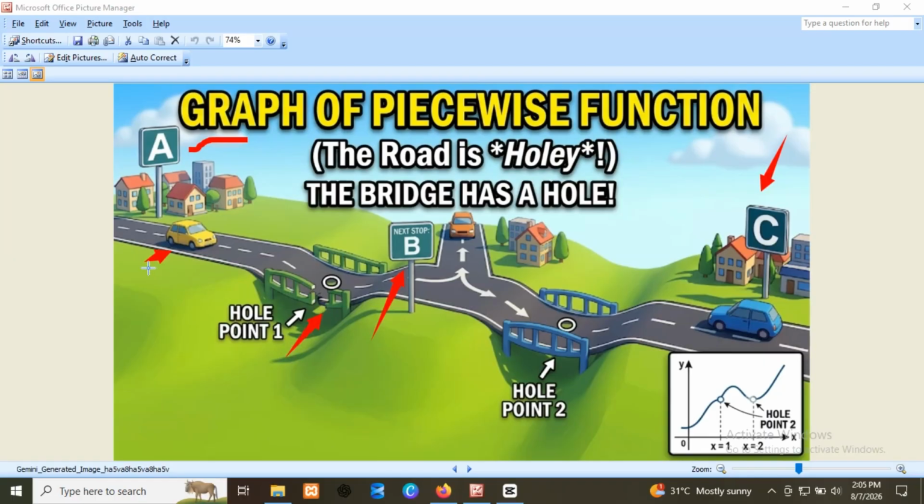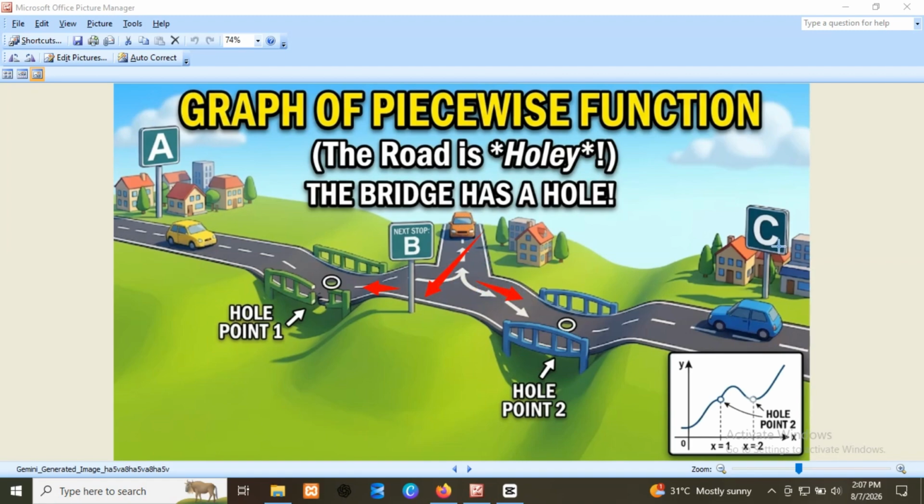So this yellow car can travel from town A to this broken bridge, but it cannot cross it. It can only be turned back, because this bridge is broken. But starting from here to town B, it is continuous.